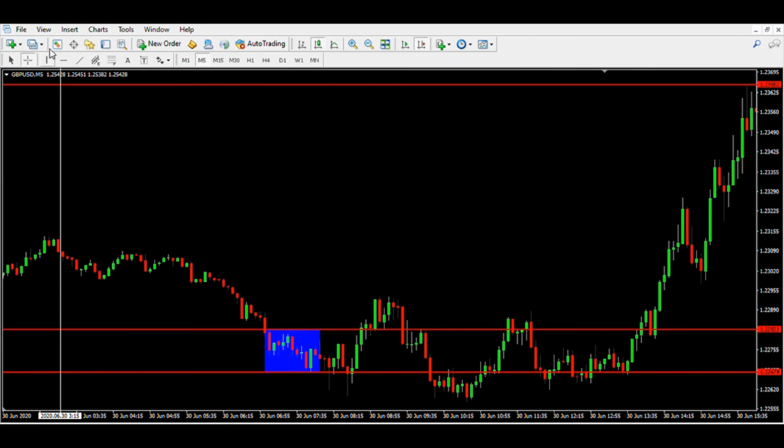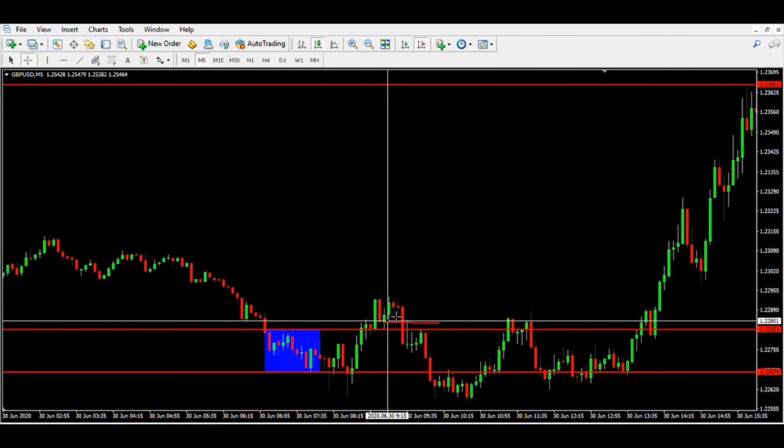As you can see from your entry, you enter for a buy position and it got like, let's say, 8 pips, and it went straight down and it hit your stop and you were out of the trade safe.